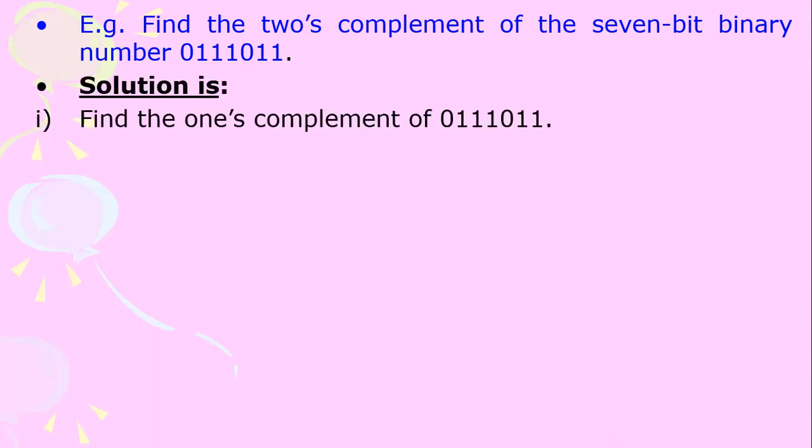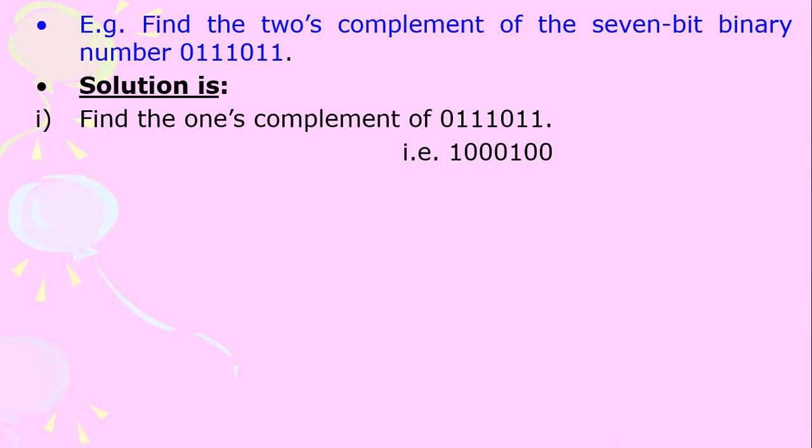Number 1, we find the ones complement of 0, 1, 1, 1, 0, 1, 1. That is, we change zeros to ones and ones to zeros.